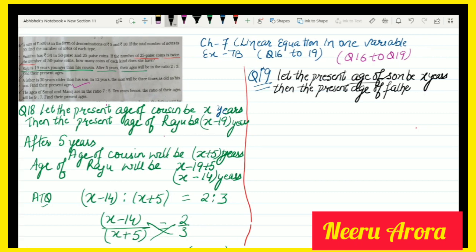What will be the father's age? He is 30 years older than his son, that is x plus 30.